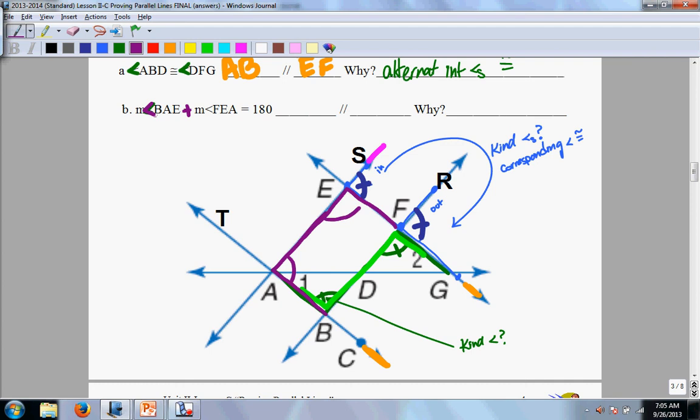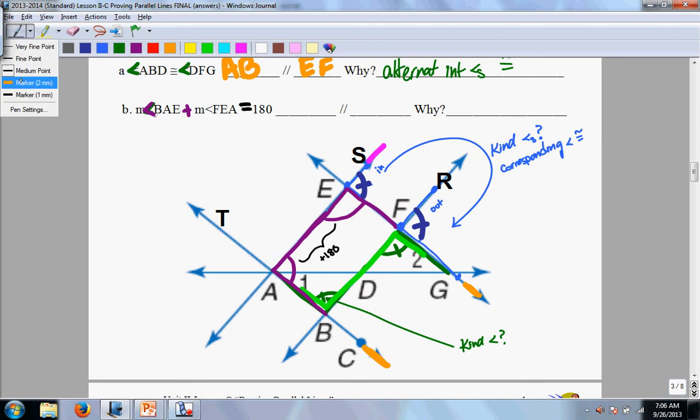Now don't hatch mark these because we aren't told those are equal. Those two angles, they, however, add up to 180. So make a little caret here. These two add up to 180.